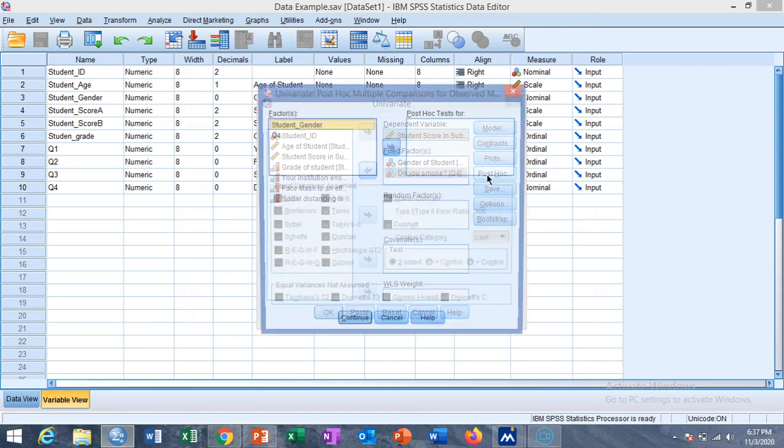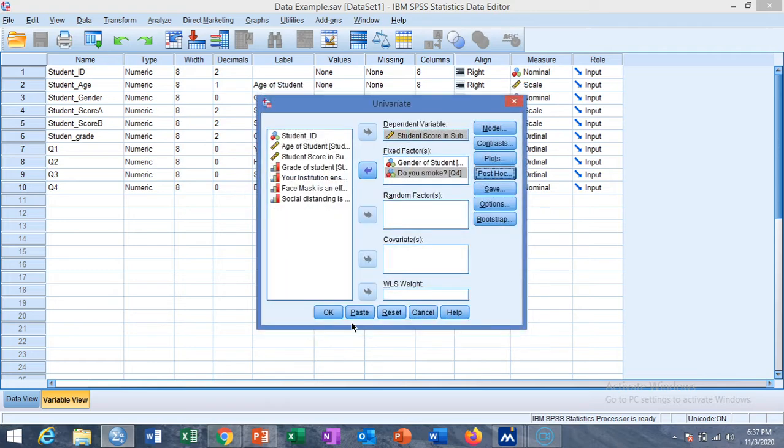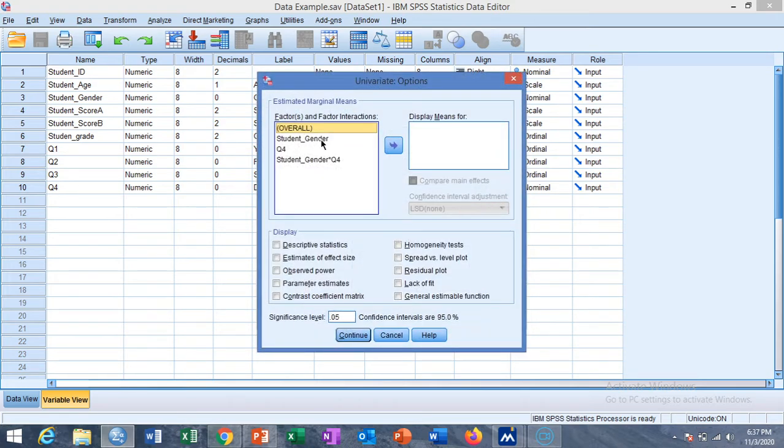And we also conduct a post hoc test if the null hypothesis is rejected, as we already did in one-way ANOVA, and the Tukey test is selected for this comparison, and then continue, and then go to the options.